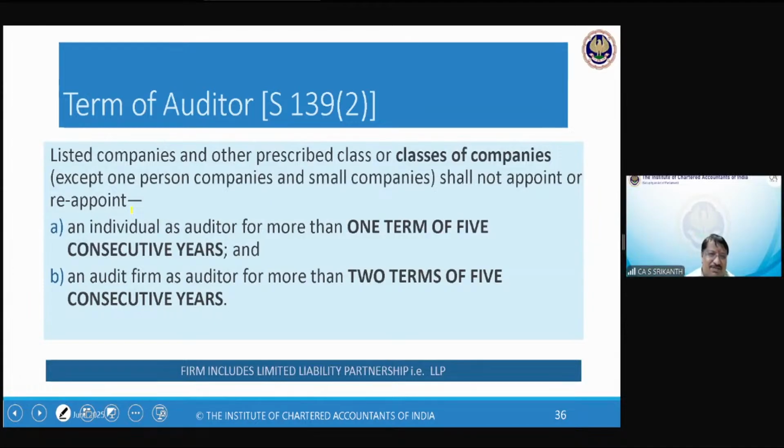Term of auditor: listed companies and other prescribed classes of companies, except one-person company and small companies. So we'll see prescribed. Listed companies in the prescribed class, except one person and small companies, no rotation.